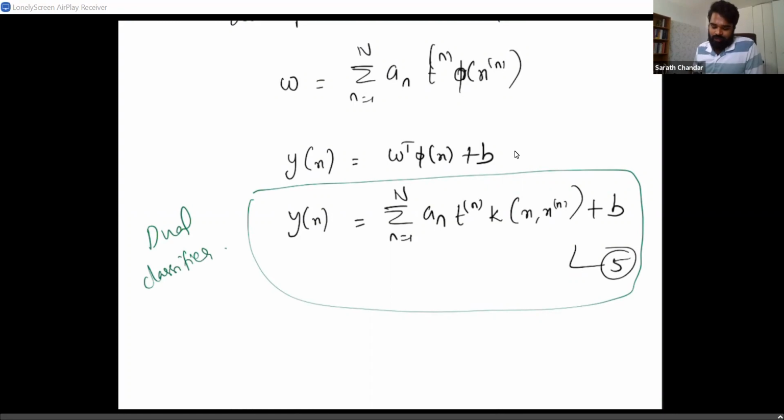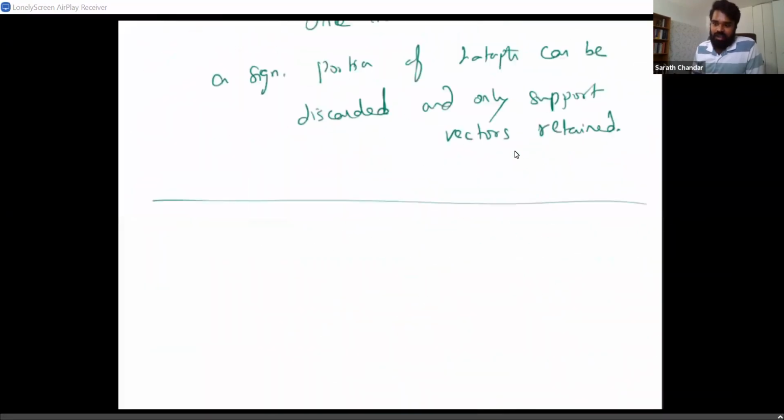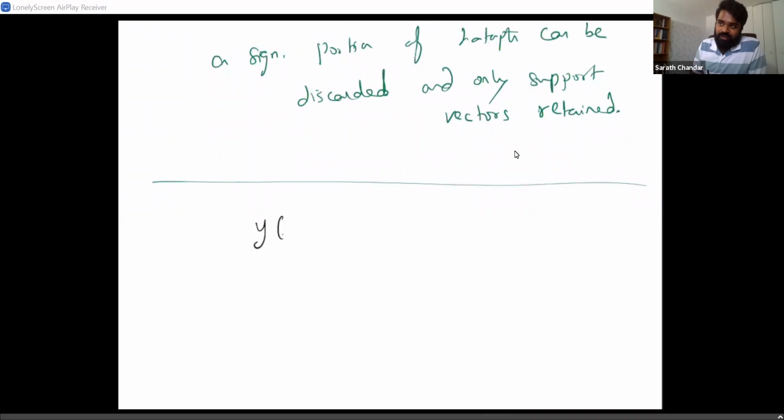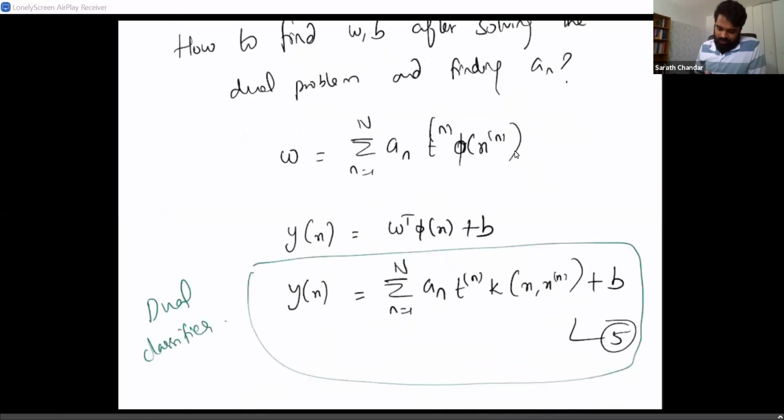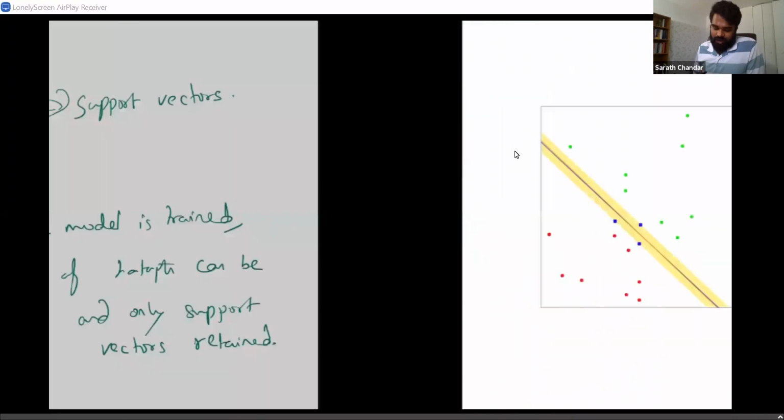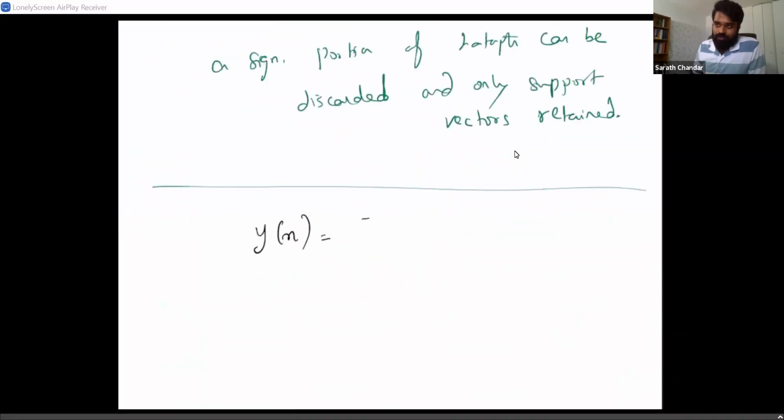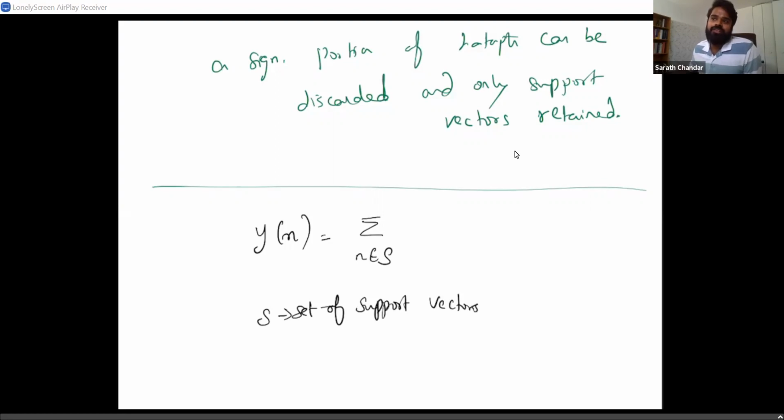So I could actually replace this summation and say y of x is equal to, let's go back, this is summation over n. Instead of that, I could say summation over n belonging to S, where S is the set of support vectors, the set of data points for which the constraint is active.